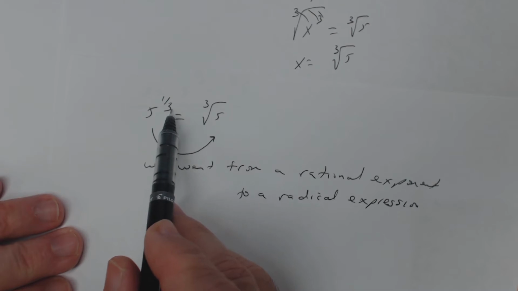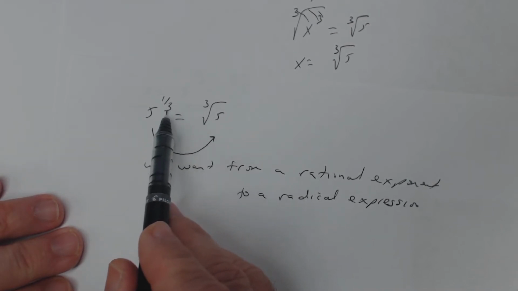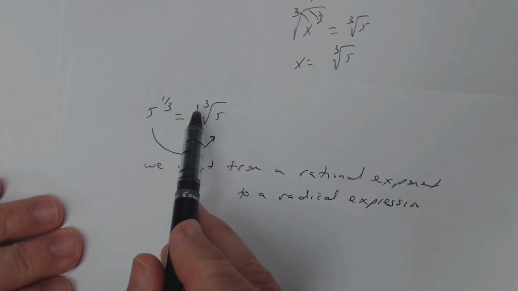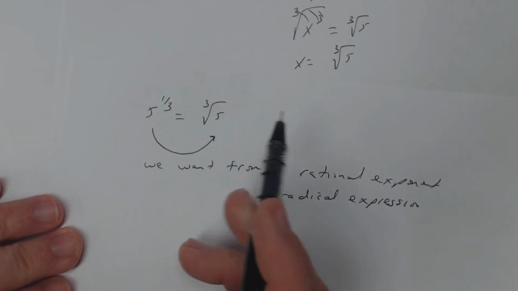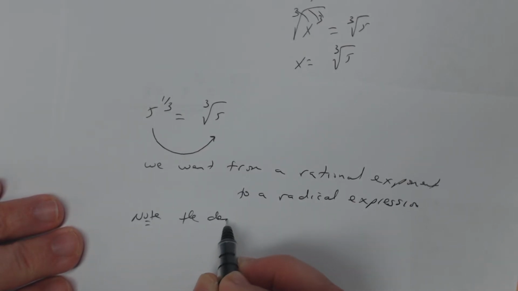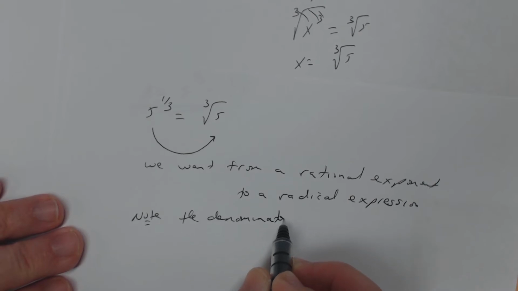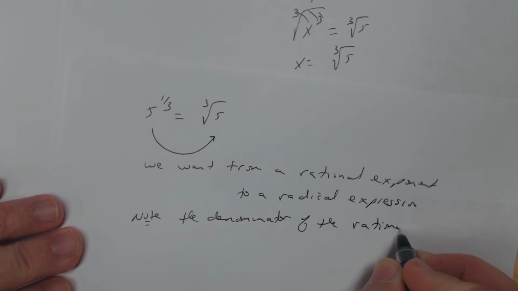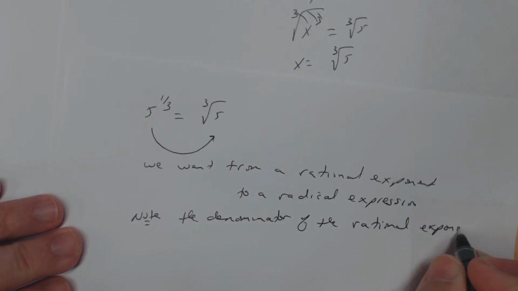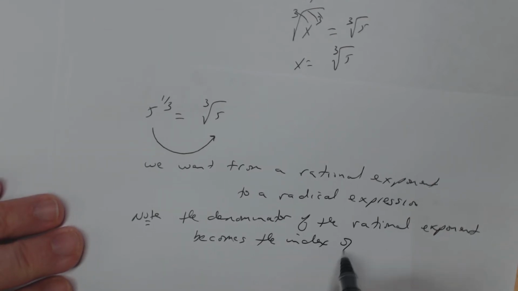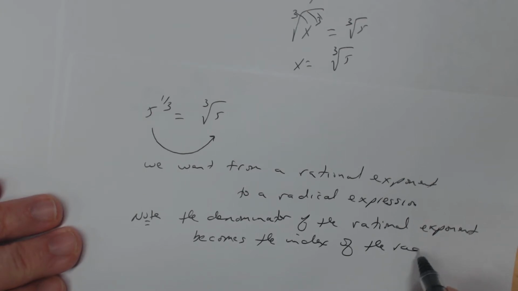You see this denominator? When you rewrite it as a radical expression, the denominator is your index. The denominator is your index. So note, the denominator of the rational exponent becomes the index of the radical expression.